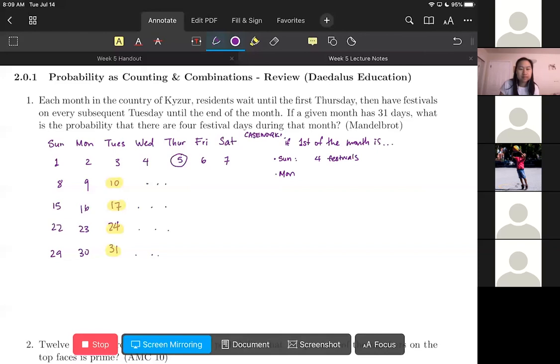Then we'll have 3 festival days. Why is that? Because the number of days in the month is 31, not 32. So if you shift it, you get 3 festival days. Actually, it will be 4 because you're shifting to the right, not to the left.